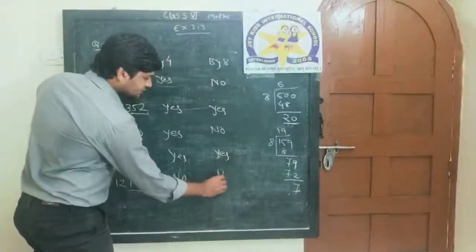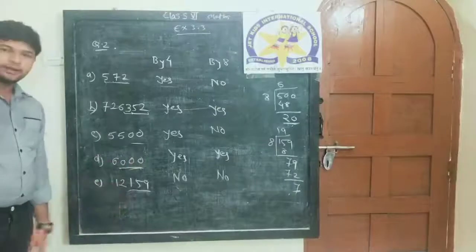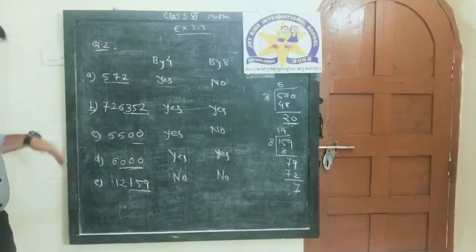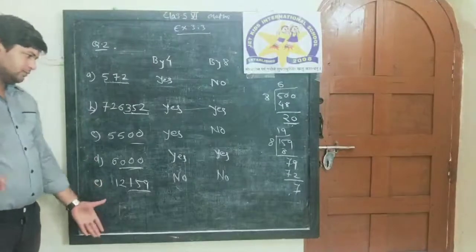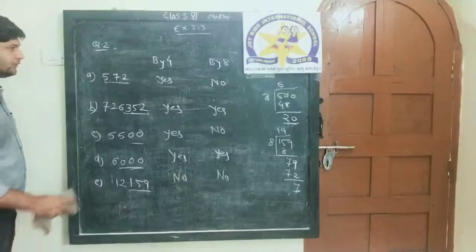So it is not exactly divisible by 8. Clear? Take a screenshot if you want to. I am lacking space over here, so I am rubbing it out and will write over here.